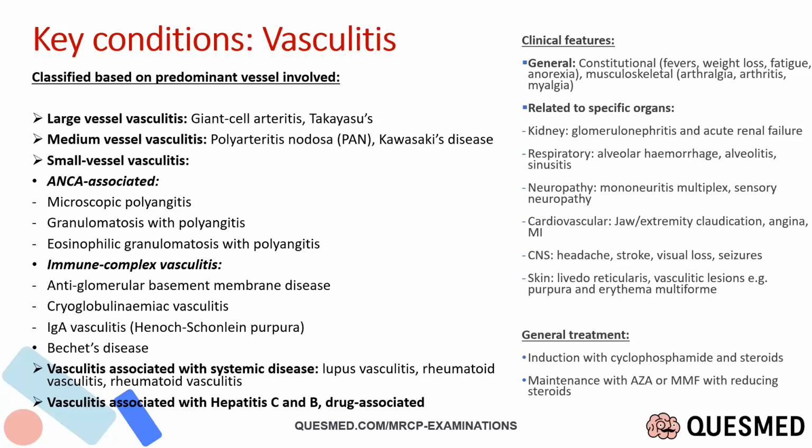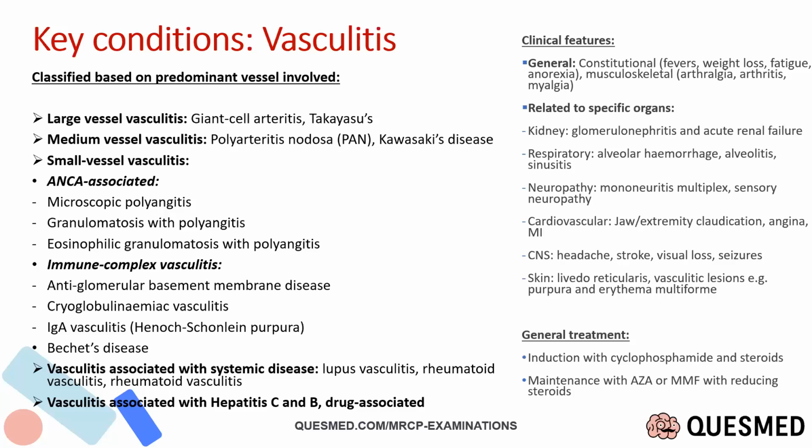Often patients can get an alveolar hemorrhage, which is terrifying. Often they will have sinusitis, nosebleeds. You want to look for things like a mononeuritis multiplex and also cardiovascular disease, because it can affect the coronary vessels. They might get intermittent claudication and angina.